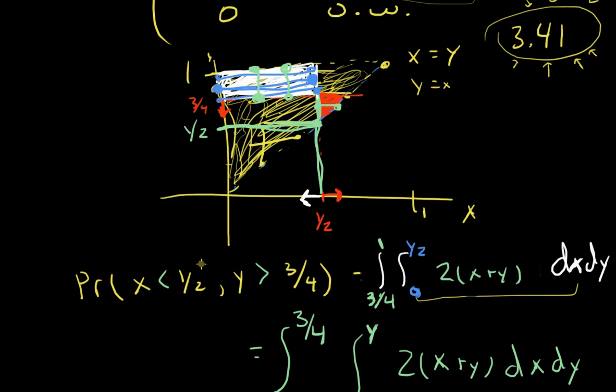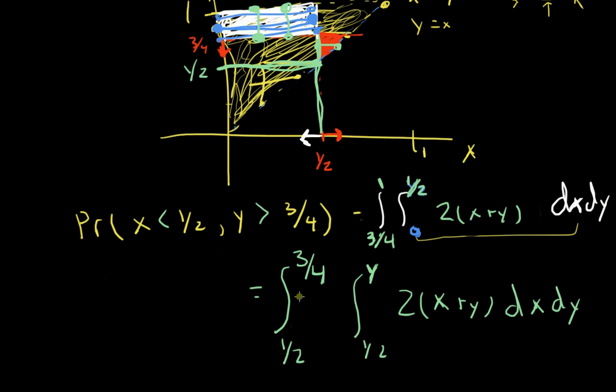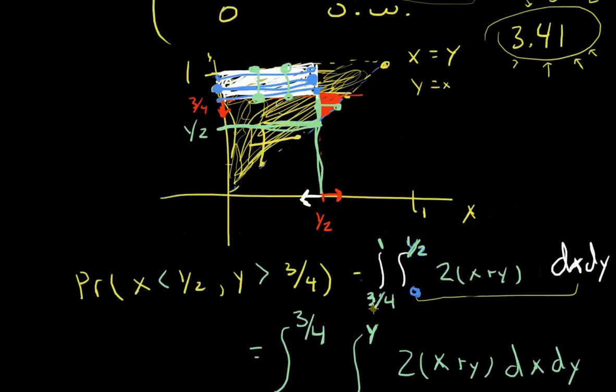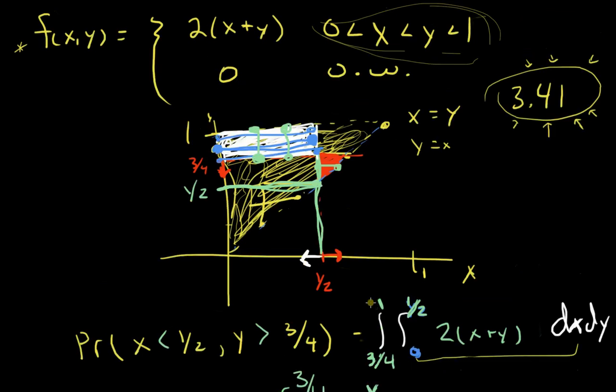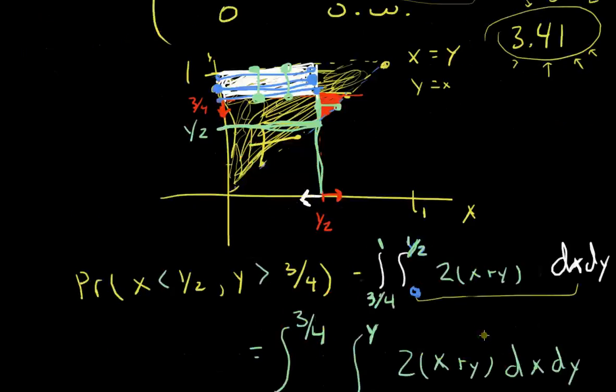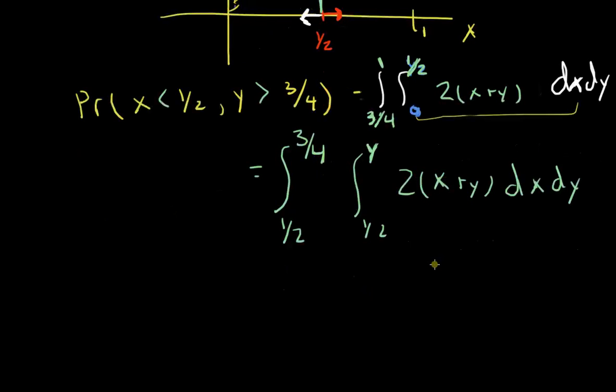So you see how this changes your bounds quite a lot, right? So it goes from 0 to 1/2, 3/4 to 1. Before it was 1/2 to 3/4, 1/2 to y. So, I mean, you can't know where you're integrating over unless you have some sort of graph like this. You need to draw it out and understand what's going on. So like I said, you can finish these problems on your own.